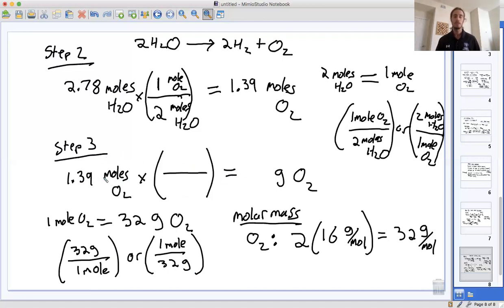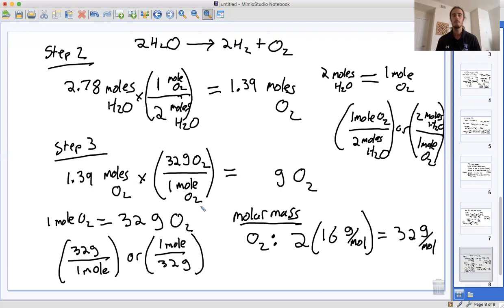So I'm going to take my 1.39 moles and multiply by the conversion factor that will allow me to cancel the units and get grams of O2. So moles of O2 has to be on the bottom so that the units will cancel. So I'm going to need to use this one, that has moles on the bottom. So 1 mole O2 is 32 grams of O2.